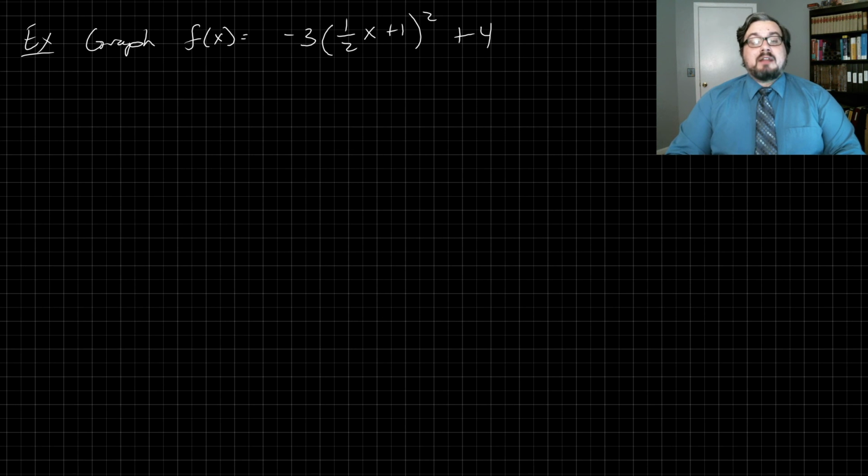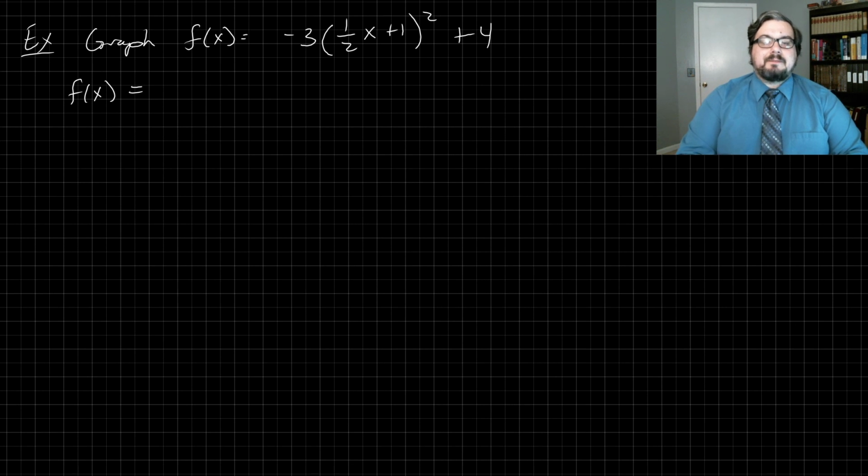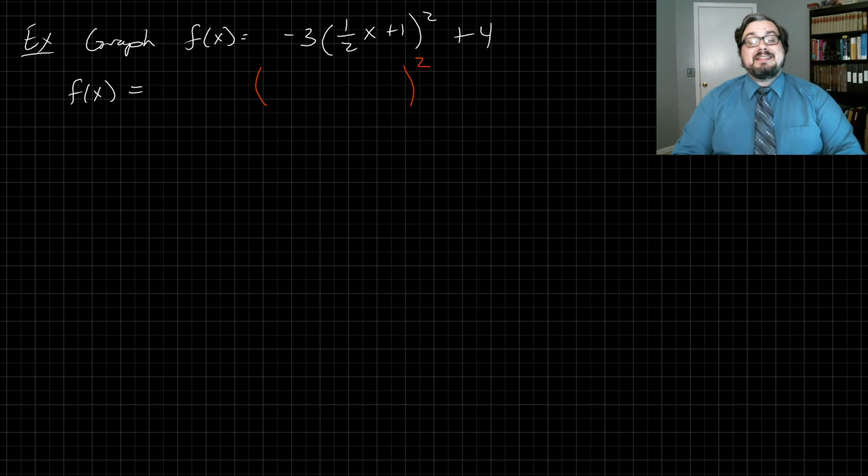So there are a lot of things happening here, and we want to identify each one. So let's break it up carefully. First of all, we want to identify what the base function is that we are transforming. And in this case, it's the function x squared. That's the basic function that we're working with, and all of the other changes to the function can be described in terms of the transformations we've looked at here.